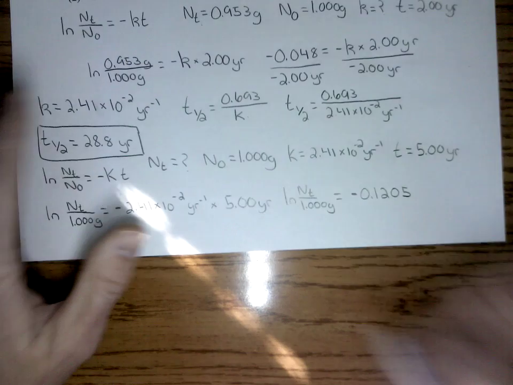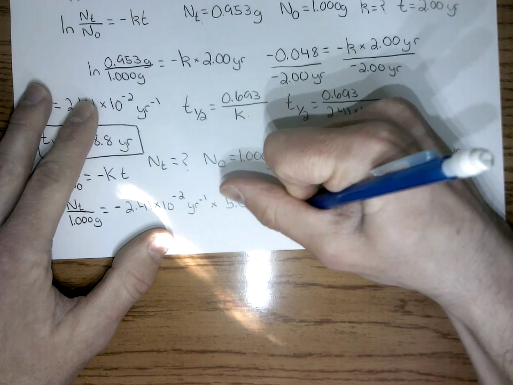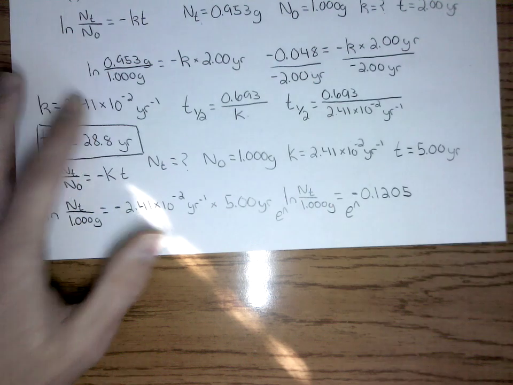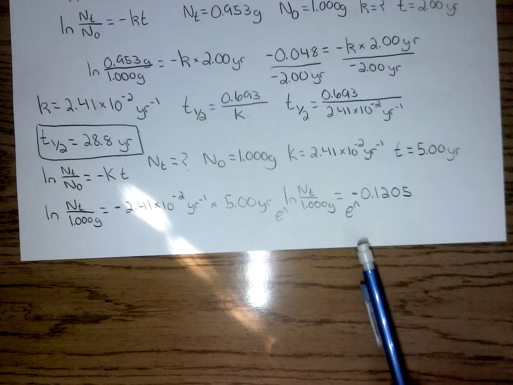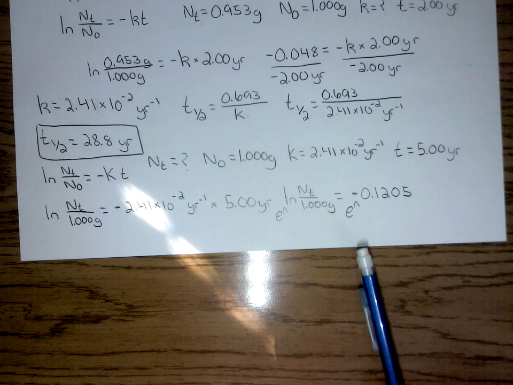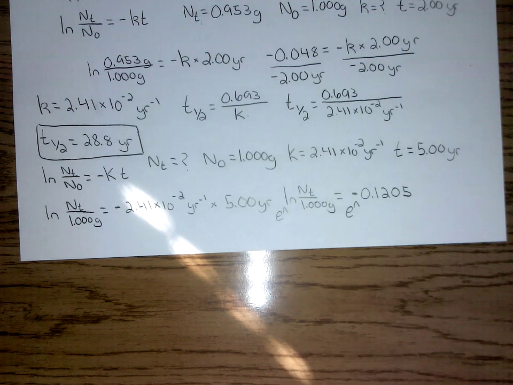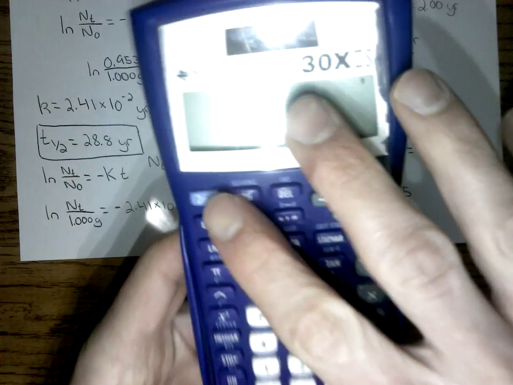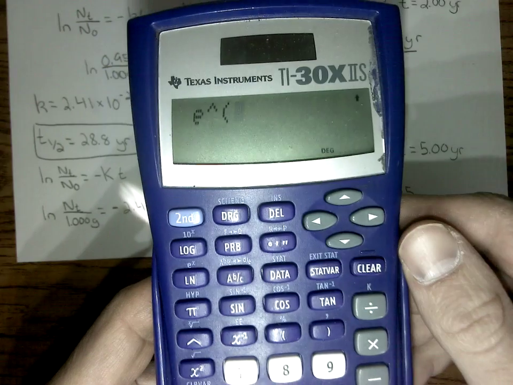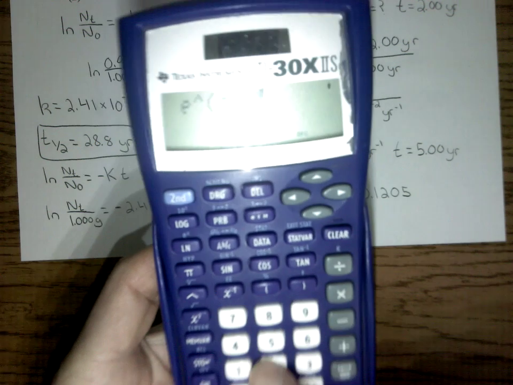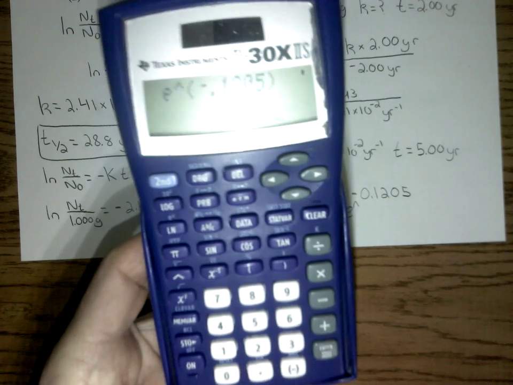So what I'm going to do mathematically is get rid of the natural log on both sides. So what I need to plug into my calculator is e to the power of negative 0.1205. So that's what I'm going to do right now. I'm going to put inverse natural log, which is this e to the power button, negative 0.1205, and I'm going to press enter.